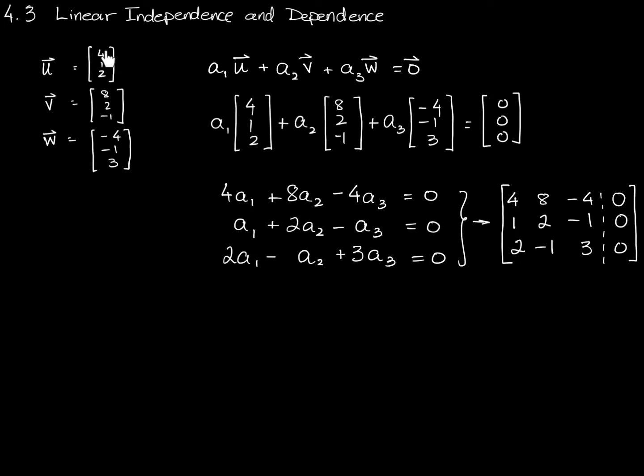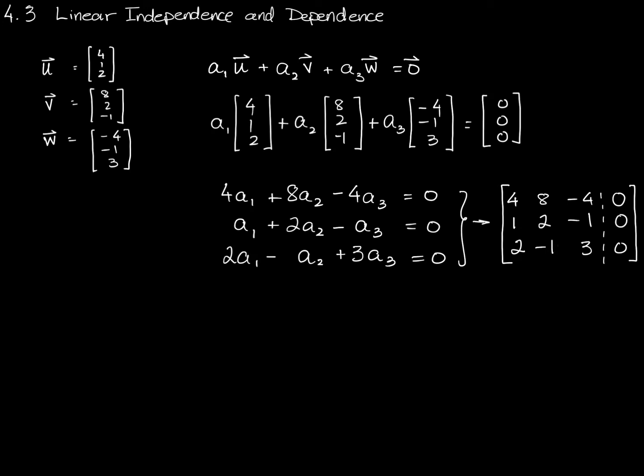The vectors that I have written here as column matrices are columns in my matrix. So I could just have gone straight from this information to this matrix to do this test.